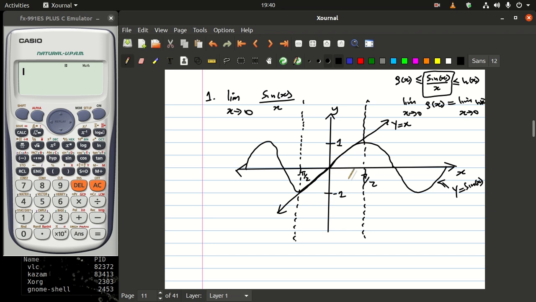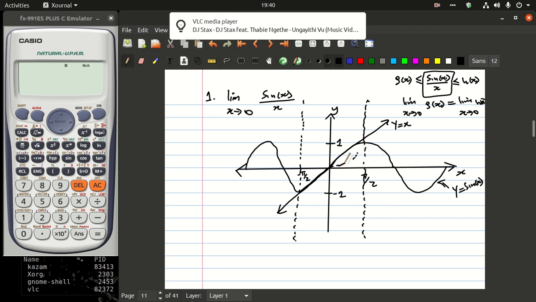Now, let's say I try and use my x squared. Suppose I have an x squared. If I have an x squared, it will look like this.